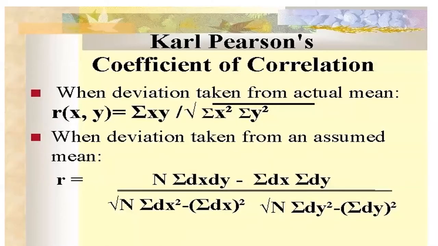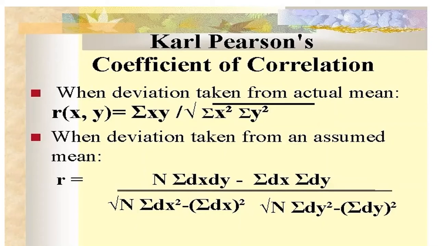Now another formula is given for when the deviation is taken from the actual means: Rxy is equal to summation xy divided by the square root of summation x square into summation y square. This is another formula.